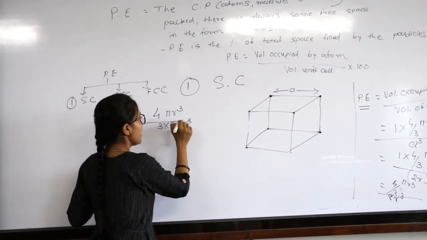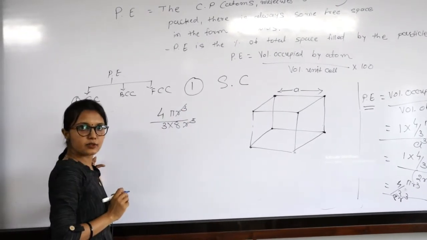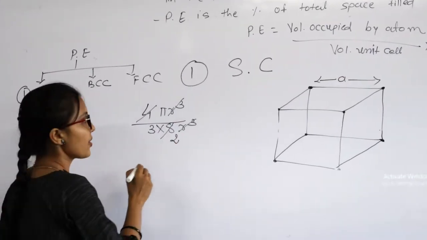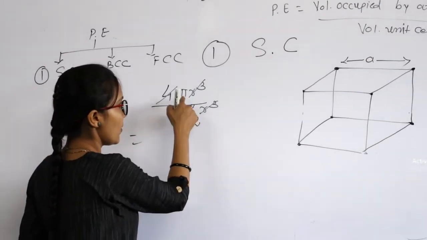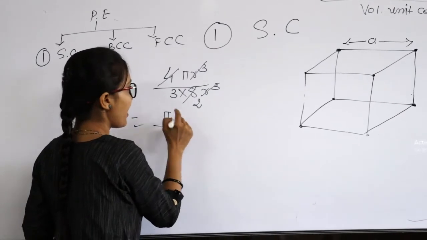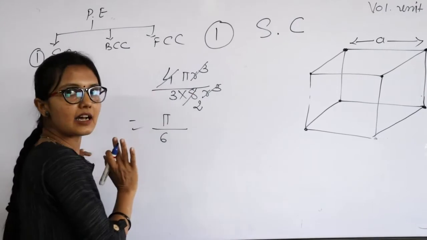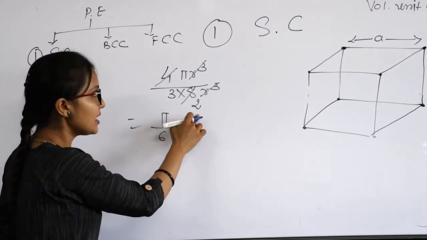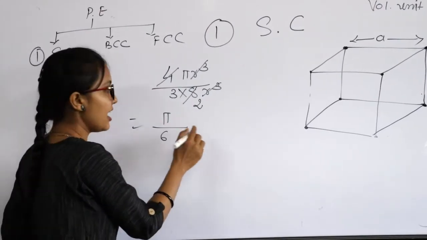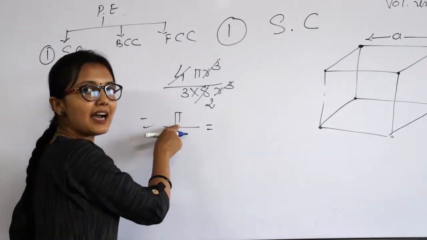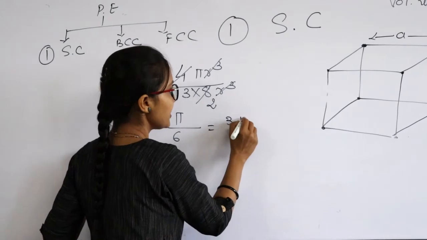And r cube easily cancels out, and 4 to the 8. Okay, that's why here only pi is left. That's why pi divided by 3 to the 6, and r cube cancels out. That's why here only 6 is present, and we can put the value pi is equal to 3.14.